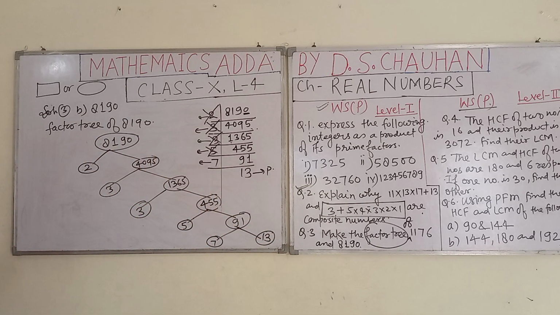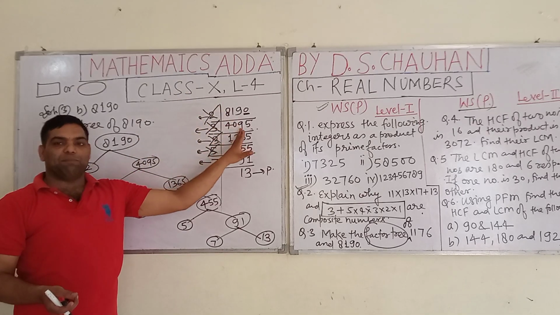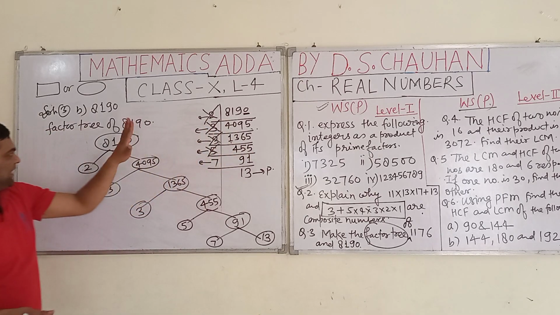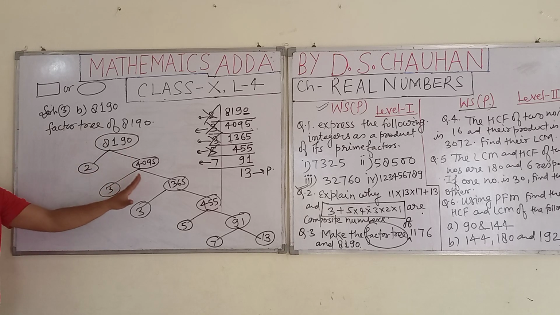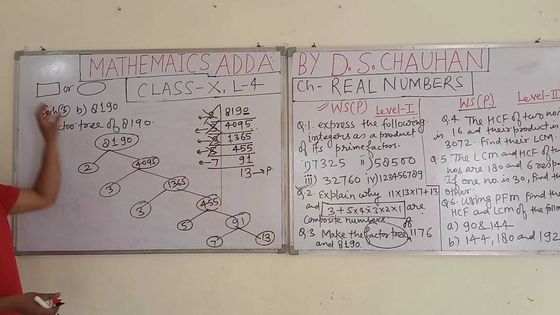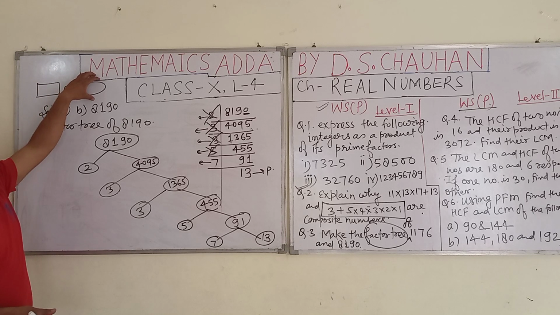Okay, so this is the factor tree of 8190. This is nothing new, students. This is similar to the prime factorization of the number, but its representation will look like this, where you will represent every number, prime as well as composite, either by using the rectangular box or by using the oval box.